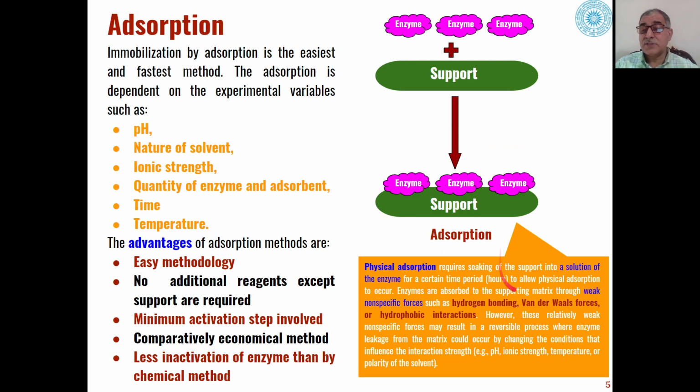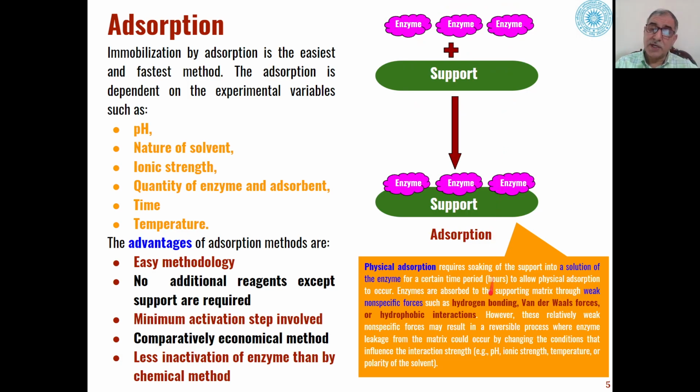And these relatively weak non-specific forces, because they are weak in nature, this reaction can be reversible also, so the adsorbed enzyme can give back the native enzyme and the adsorbent.